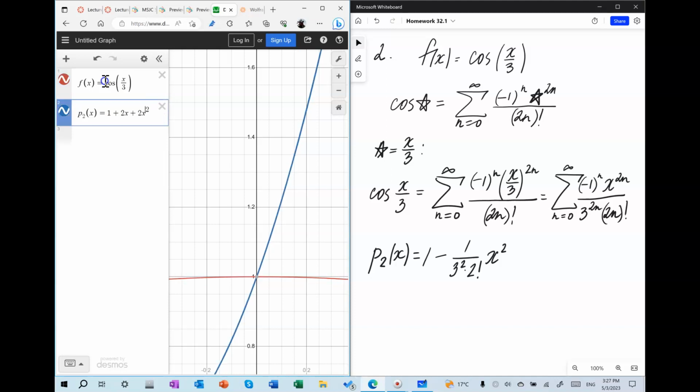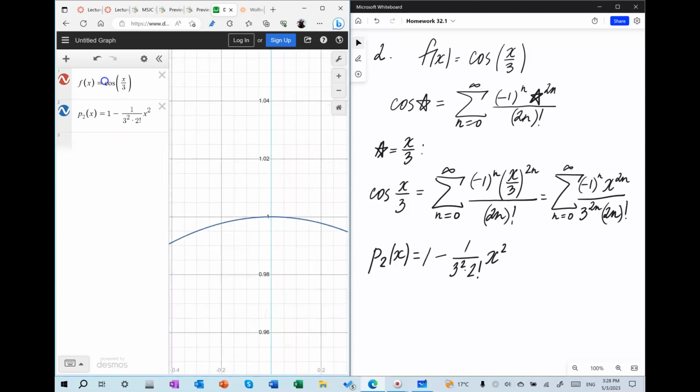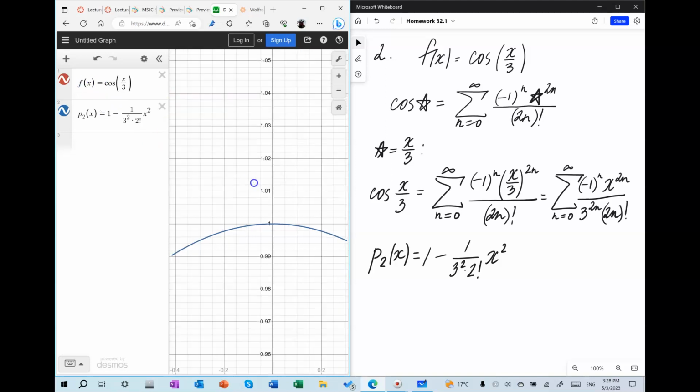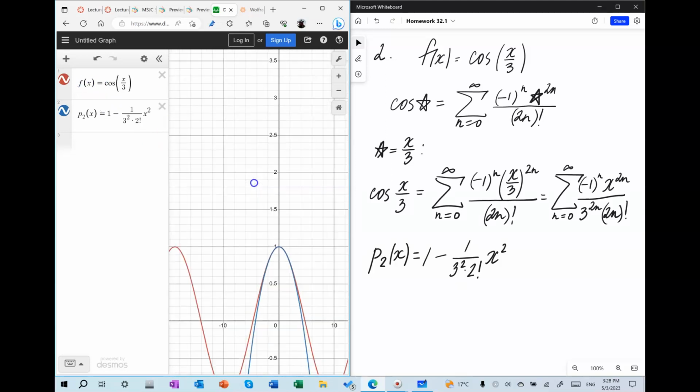And what we're claiming here is that this polynomial approximates the function. Something's not right here. Hold on. Where's the red function? Oh yeah.